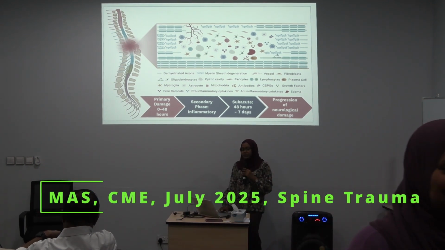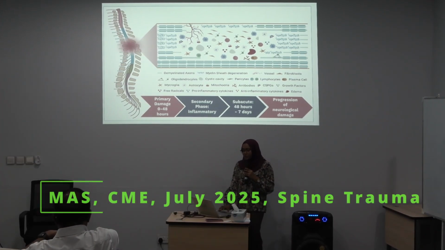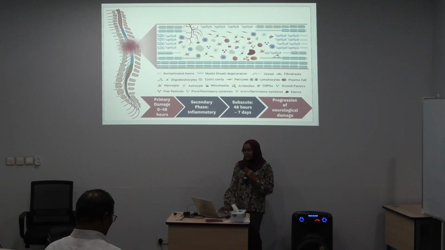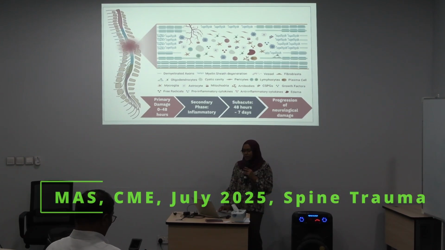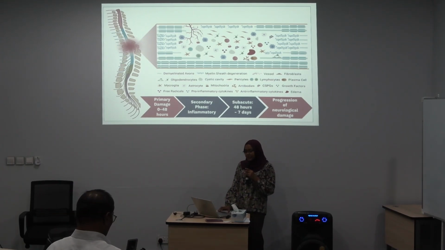Then we will have an inflammatory phase in which there will be a release of inflammatory markers like tumor necrosis factor and interleukins, causing a cascade of events like inflammation, ischemia, vascular damage, edema, and also cellular toxicity. This will go from 48 hours to 7 days, continuing from the inflammatory phase to the subacute phase.